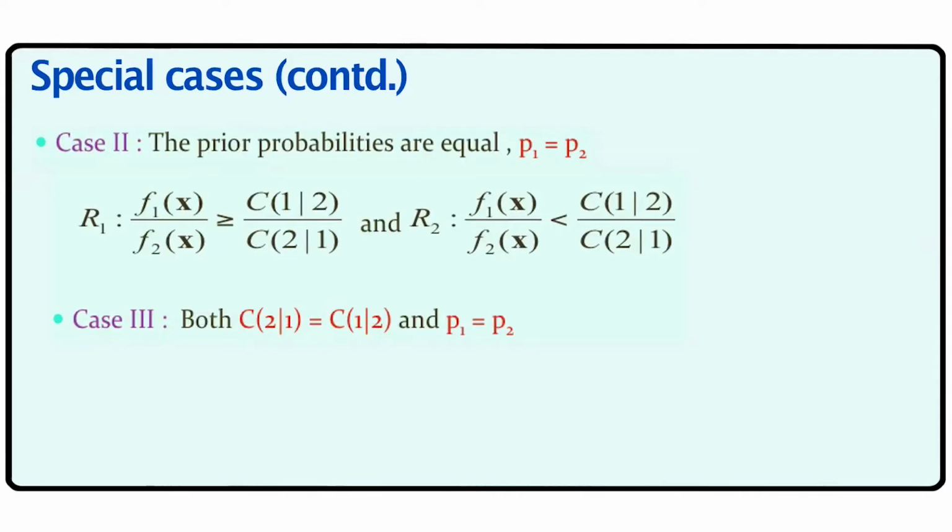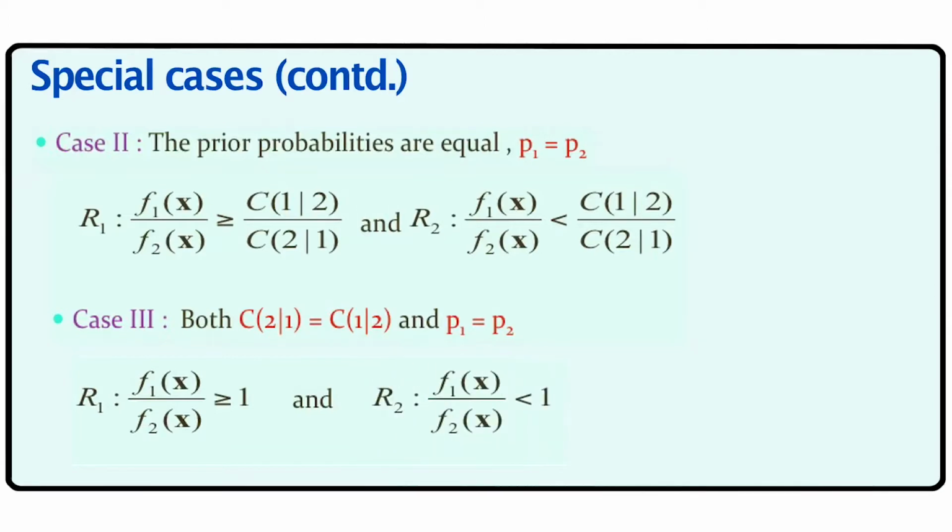A third is the case of both costs and prior probabilities being equal. It simply reduces to the ratio being greater than or less than 1. If it's greater than or equal to 1, you place in the first group. If it's less than 1, you place in the second group. So this all comes out as special cases of the ECM minimization.